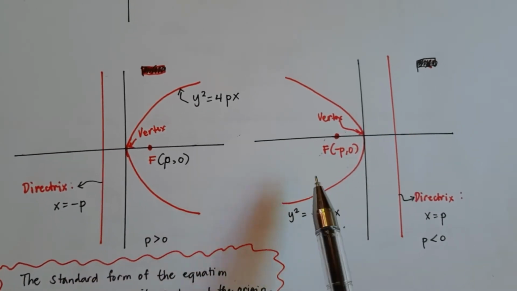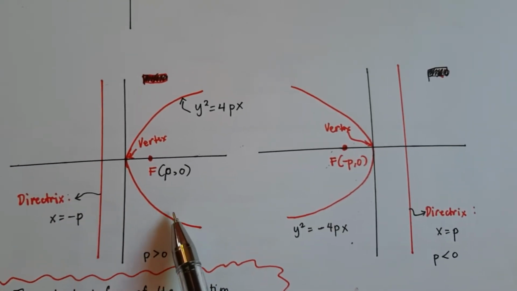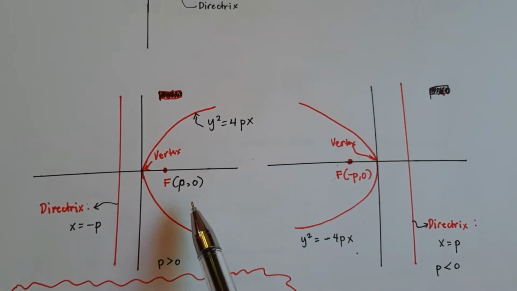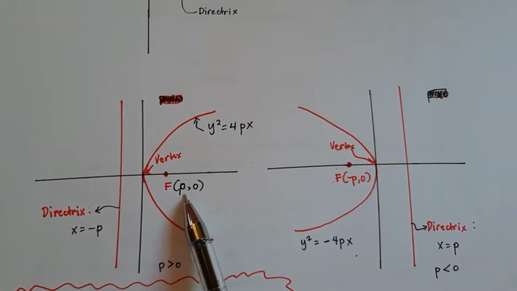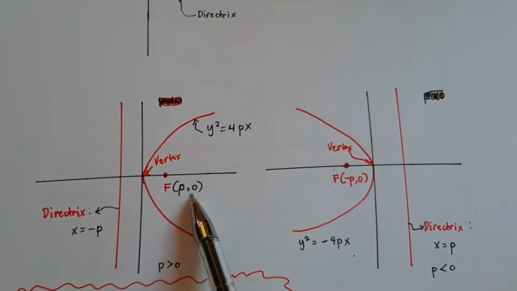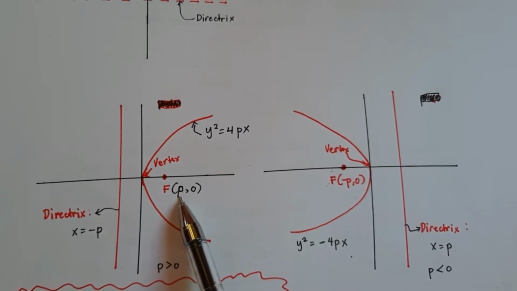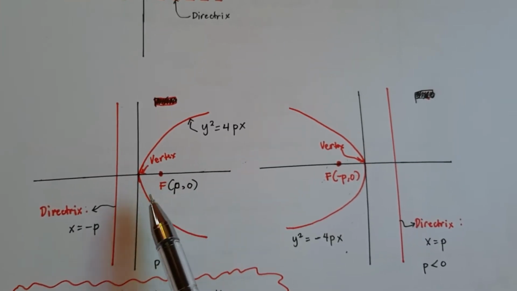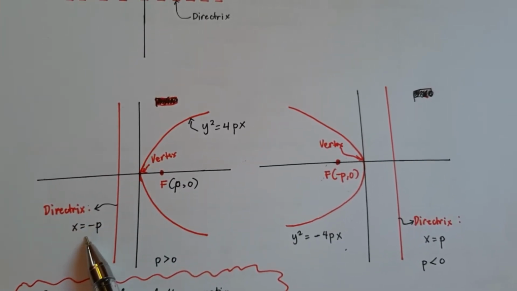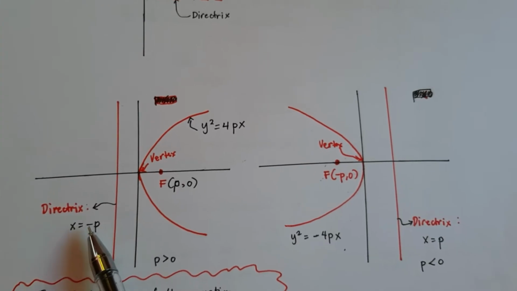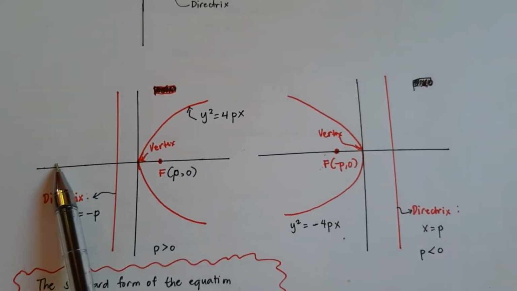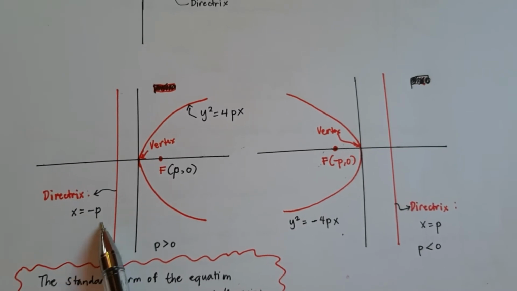So, if the parabola opens to the right, ang focus natin, positive ang value ng p, 0. So, ito yung value ng x. Okay? So, p, 0. And then, the directrix is x is equal to negative p, dito natin makikita sa x-axis, yung value ng p.